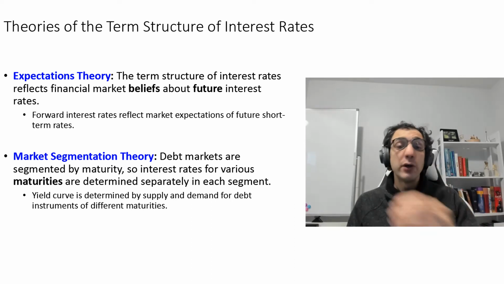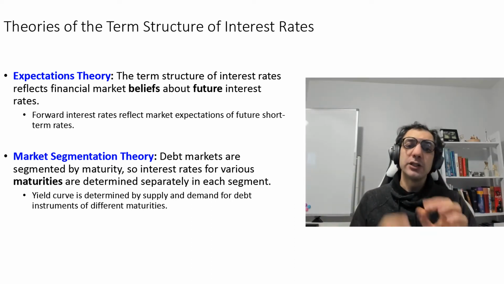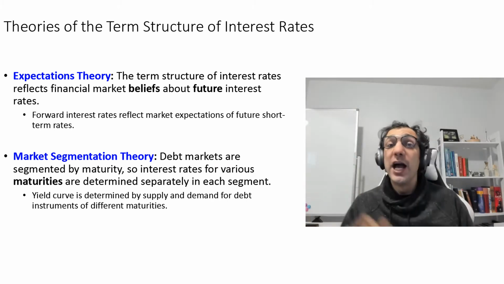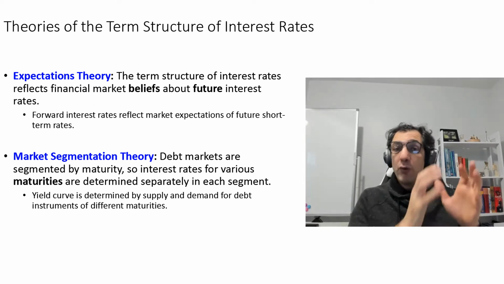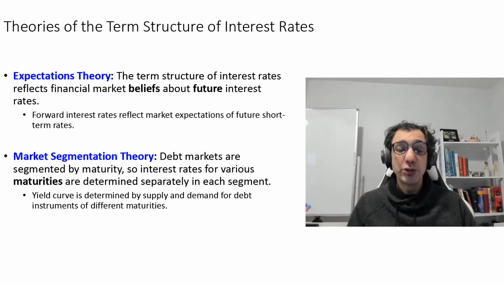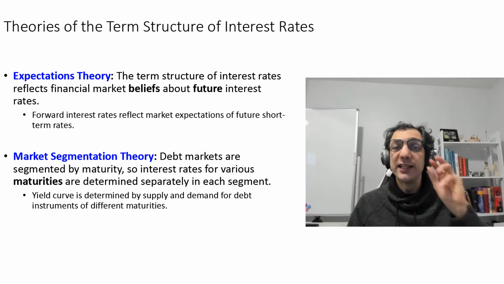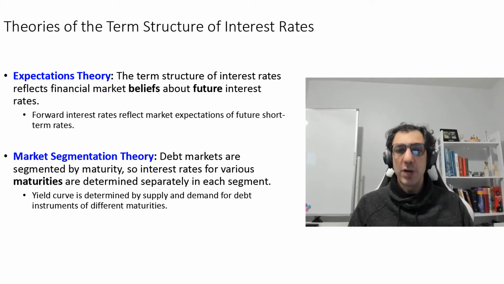The yield curve, which we mentioned earlier, is determined based on the supply and demand for debt instruments for different maturities. So 1 year versus 5 year versus 10 year, depending on the maturity you're talking about. The interest rate will be determined on that specific segment or market.